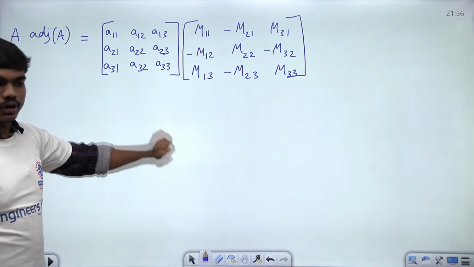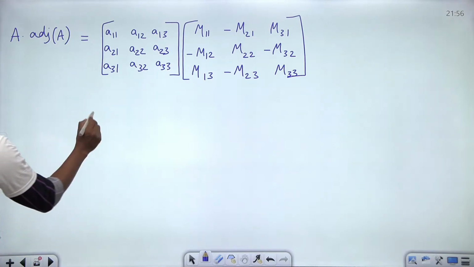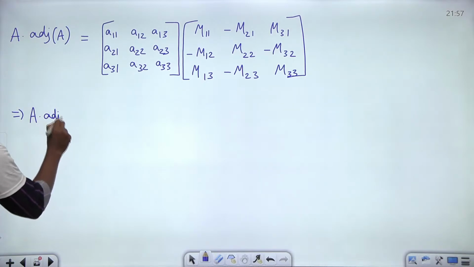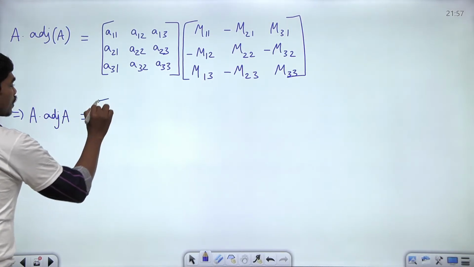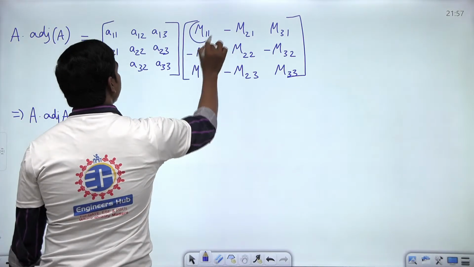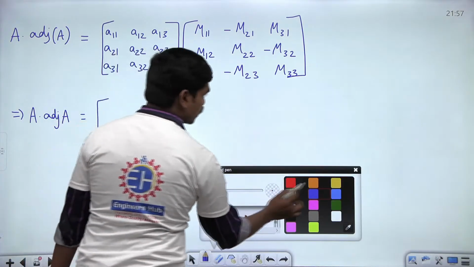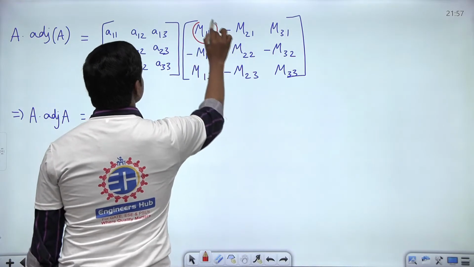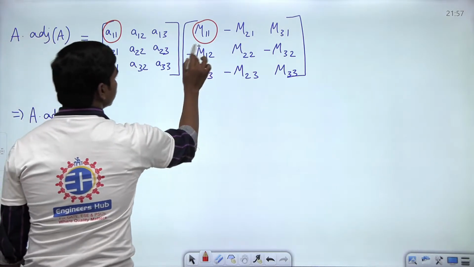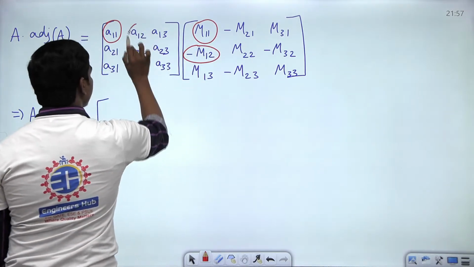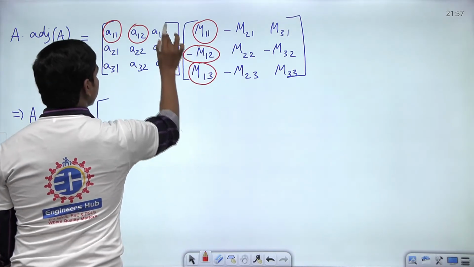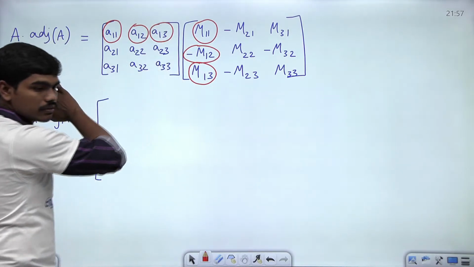Now, here is the important thing. So please try to look here. This implies A into adjoint of A. If you calculate, look, this element, let me change the color. Look, this element is nothing but the cofactor of this element, correct? Similarly, this element is nothing but the cofactor of this element. Next, this element is nothing but the cofactor of this element, correct?